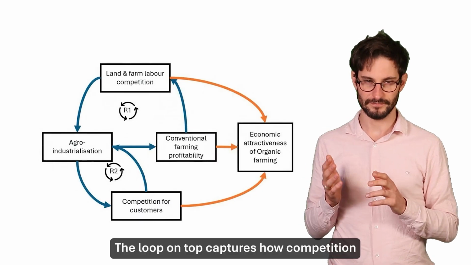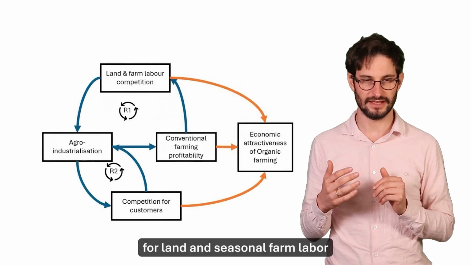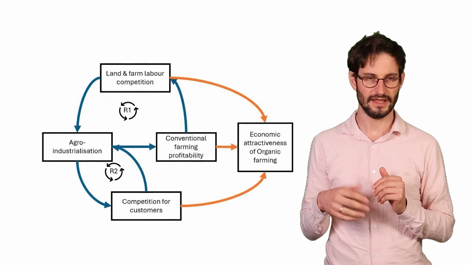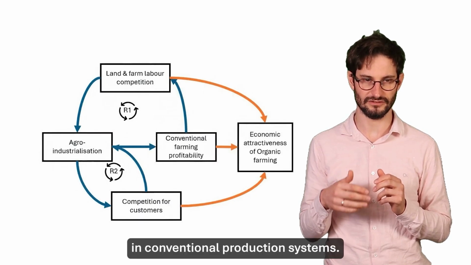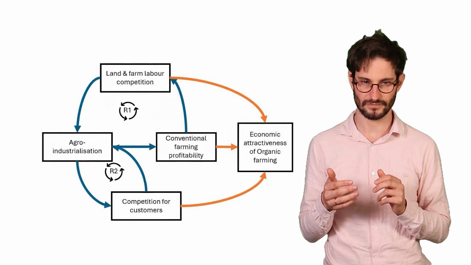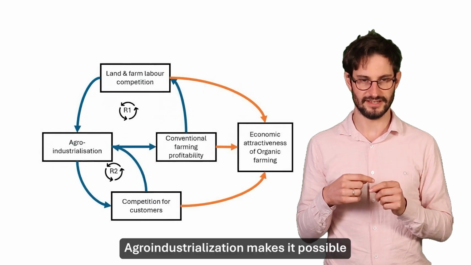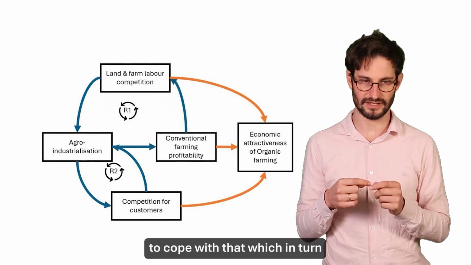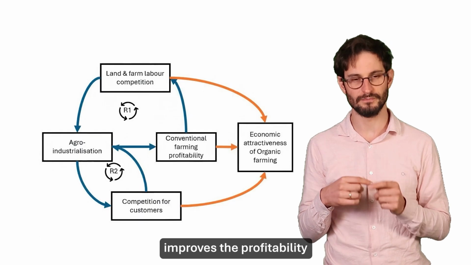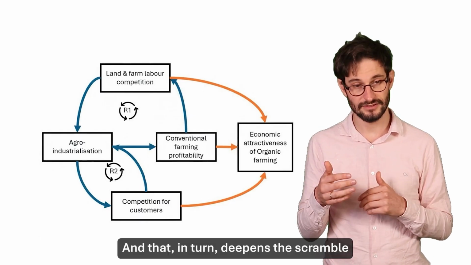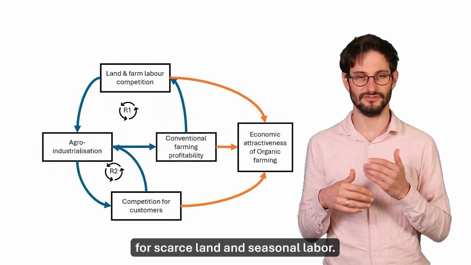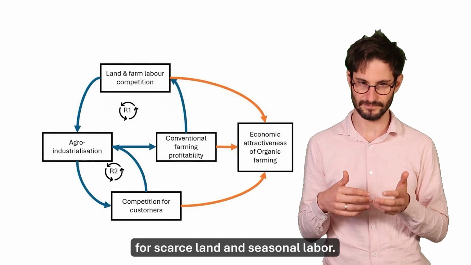The loop on top captures how competition for land and seasonal farm labor intensifies pressures for scale enlargement and intensification in conventional production systems. Agro-industrialization makes it possible to cope with that, which in turn improves the profitability of conventional farms, and that in turn deepens the scramble for scarce land and seasonal labor.